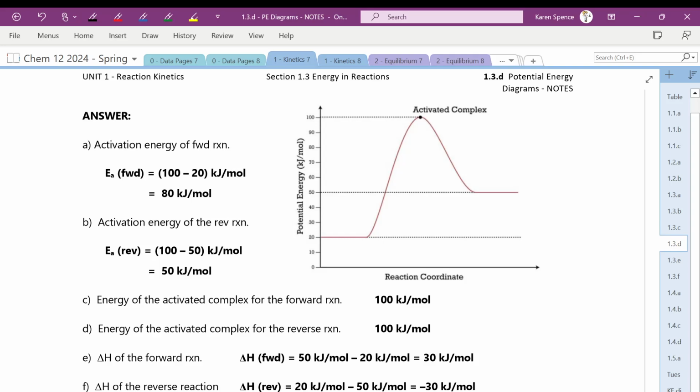Now, I would like you to tell your partner, how does a catalyst speed up a reaction?